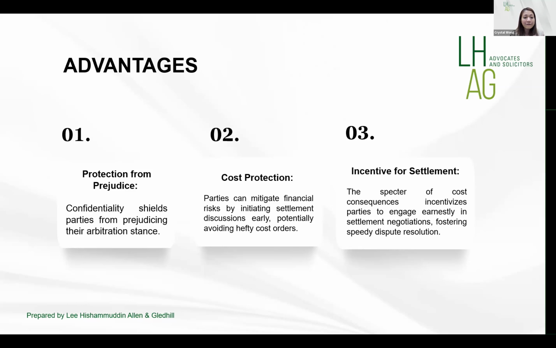Incentive for settlement: the cost consequence often incentivizes parties to engage in proper and earnest discussions, fostering speedy dispute resolution. So those are often the reasons behind advancing a Calderbank offer at the right time.